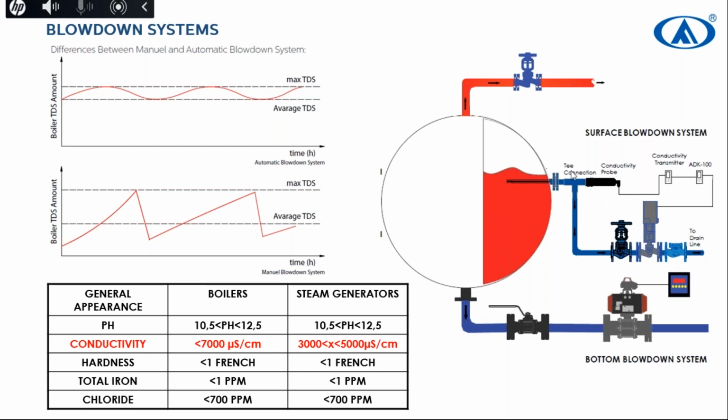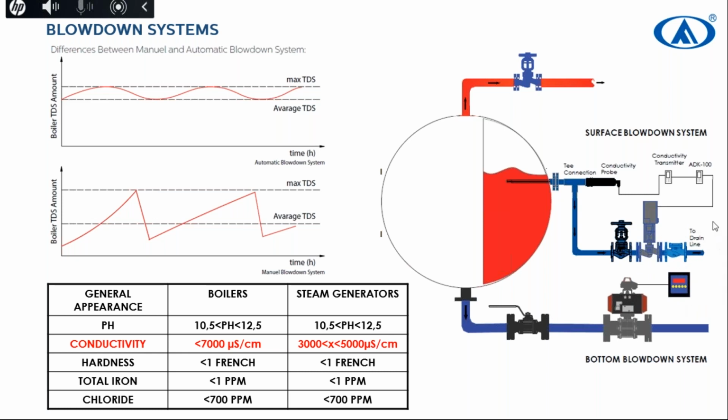With the help of this T connection, the conductivity probe will gauge the conductivity level of the surface and take the unwanted dissolved solids from the system to the drain line. And you can also use a flash vessel tank system on this drain line to get more energy efficiency.